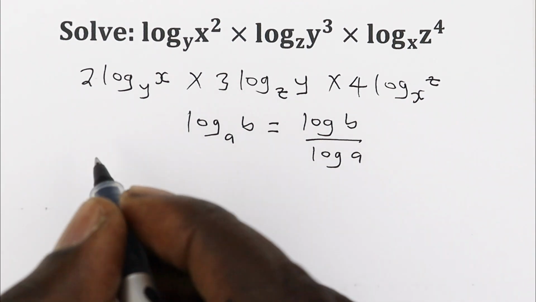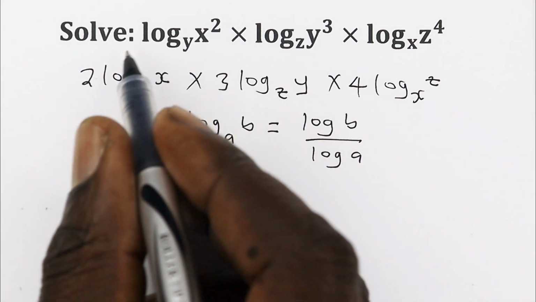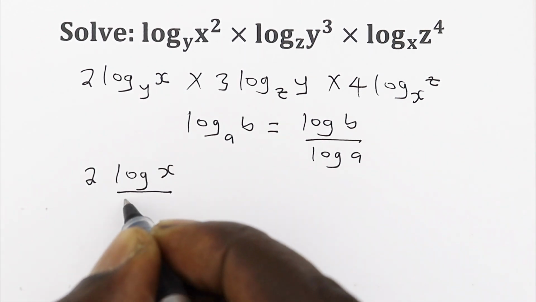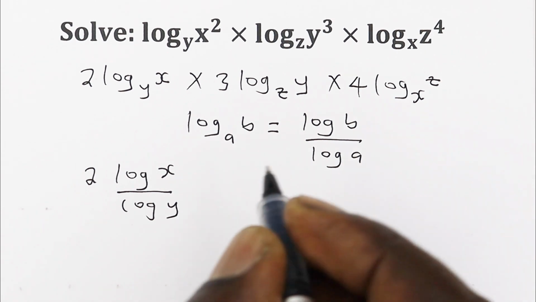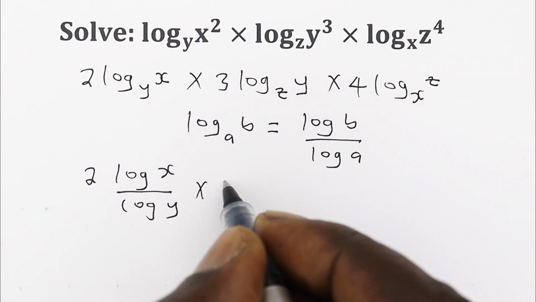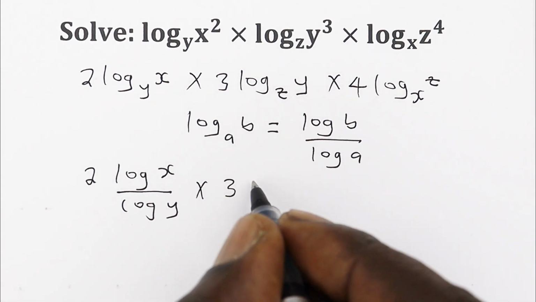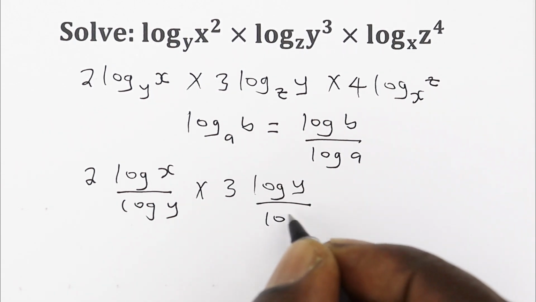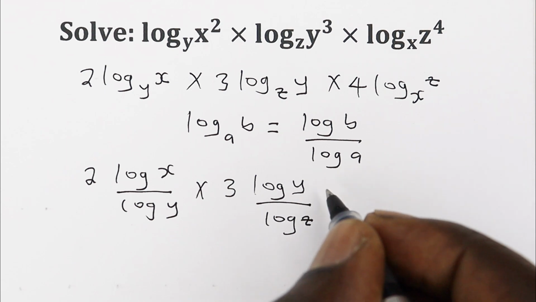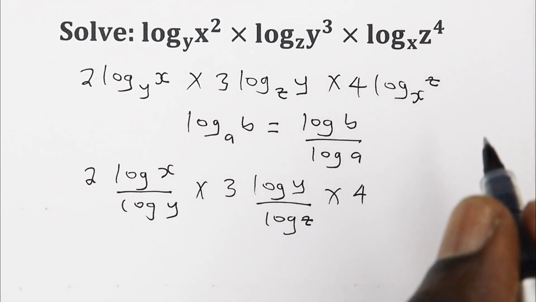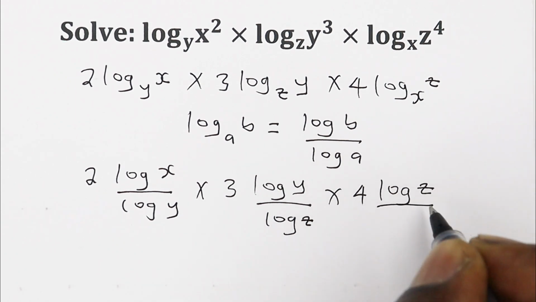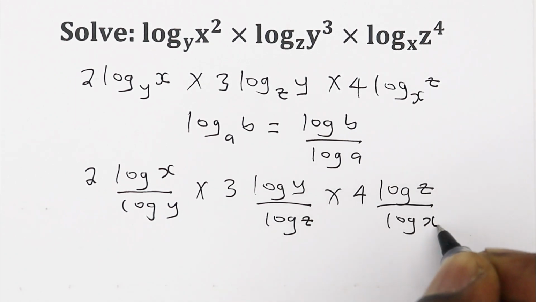So for the first one, we're going to have 2, then this is the same as log of x over log of y times this one is 3 times this will be log of y over log of z times 4, and this will be the log of z over the log of x.